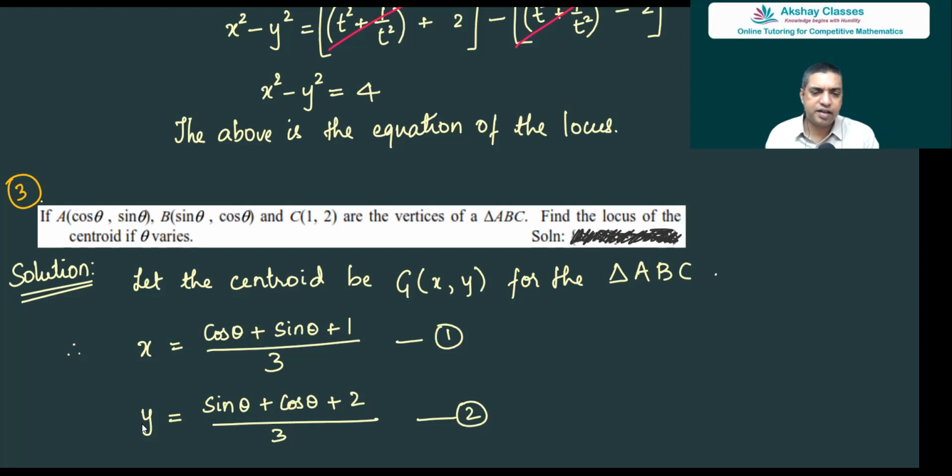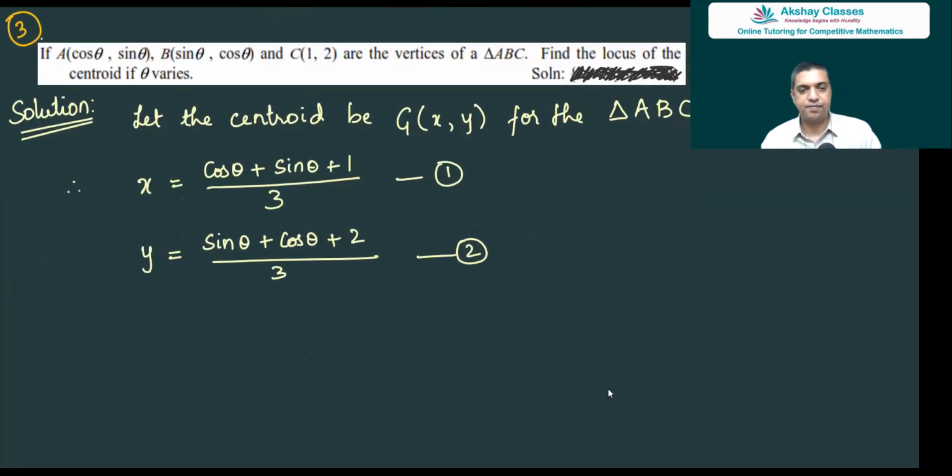Now theta is varying. Now we have to eliminate theta. How do we eliminate theta?